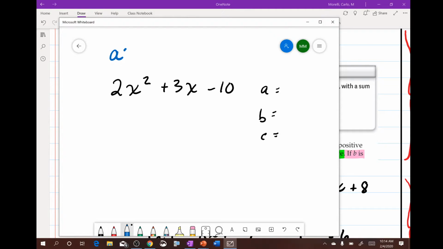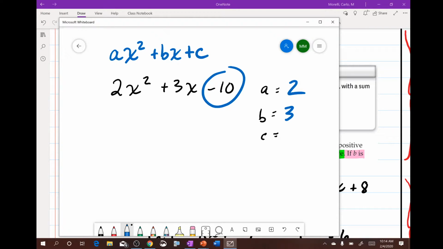Quadratics in standard form are written ax squared plus bx plus c. So what do you think the a value is? Just 2. What do you think the b value is? What do you think the c value is? Negative 10. Good. Okay, let's do another one.